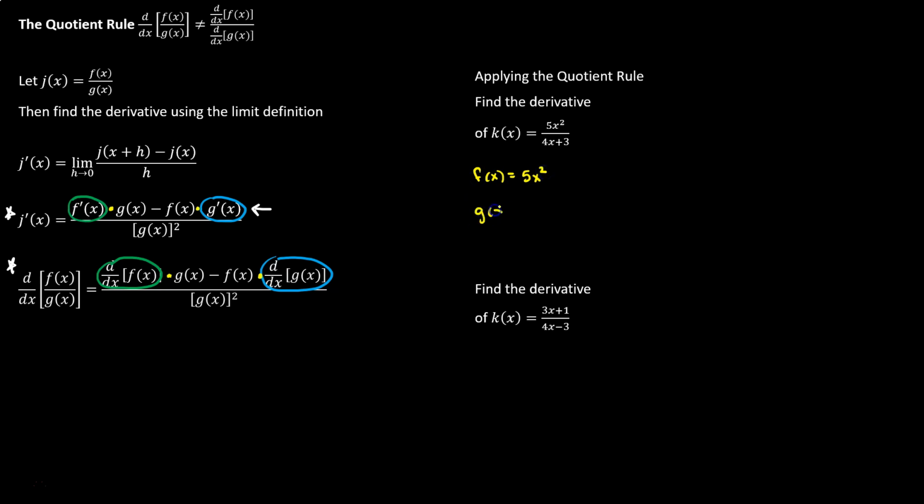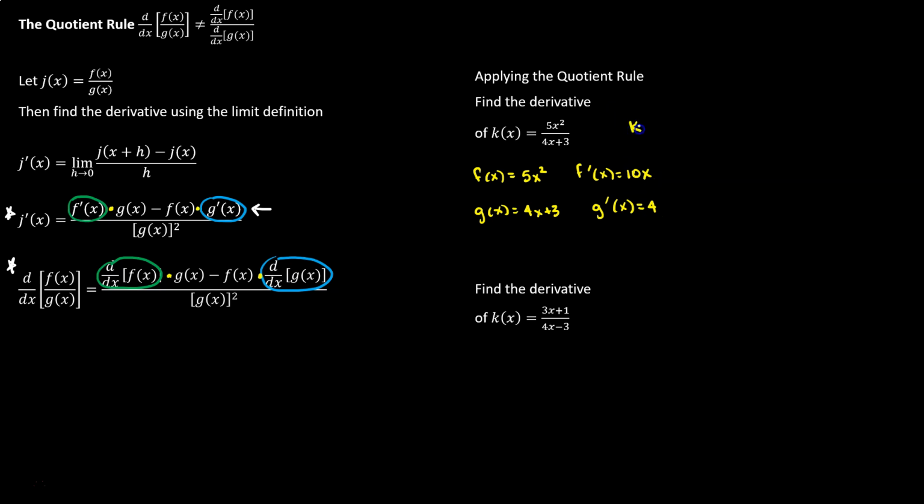Our g of x is 4x plus 3. That means f prime would be 10x, just using our power rule there. And g prime would be 4. The derivative of 4x would just be 4. The derivative of 3 is 0. So g prime is equal to 4.